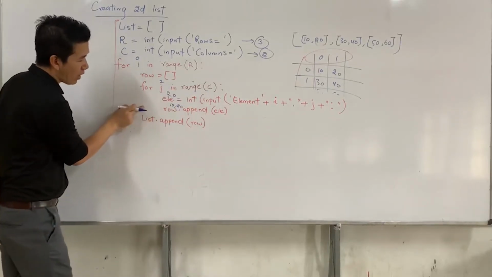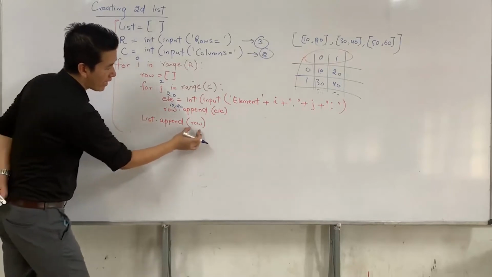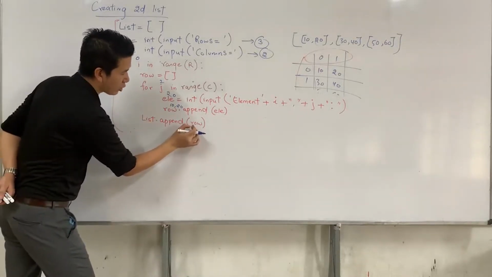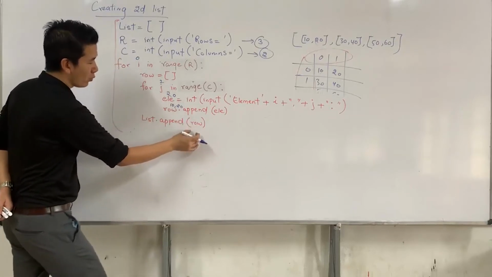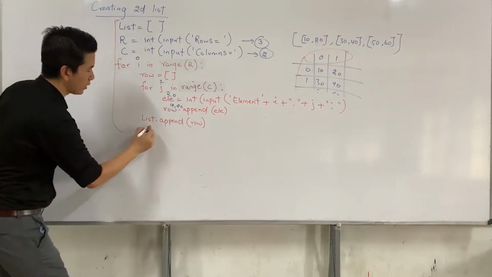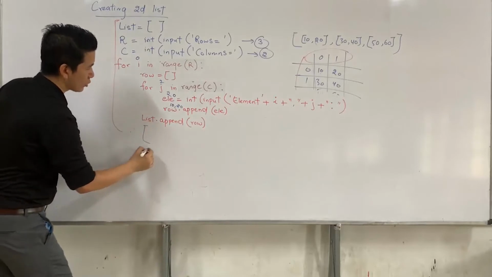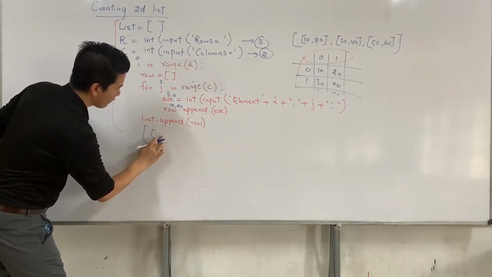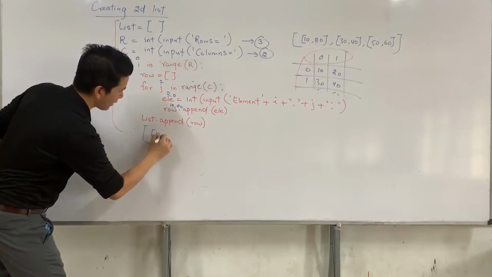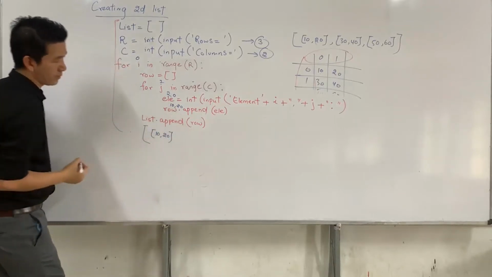Okay? And then I come out of the inner loop. The value of row is nothing but 10, 20. 10 and 20 will be added to the list. So which means in the list you're going to have the first element as 10 and 20.